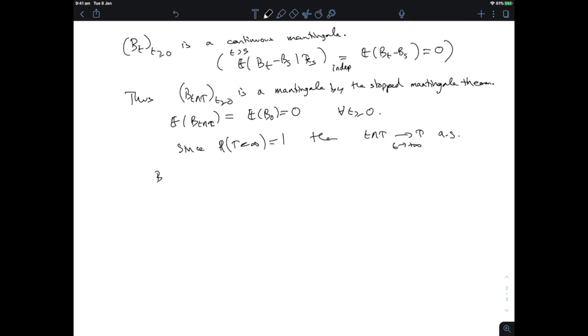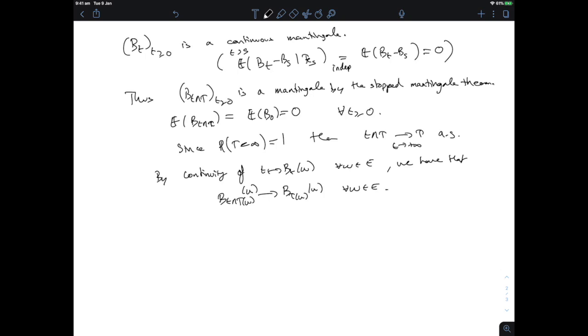Now, by continuity of the Brownian, Bt of omega tends to B of tau of omega, for all omega in E at least. So B at t minimum tau tends to B of tau of omega for all omega in E. That's exactly what continuity is for the trajectory.